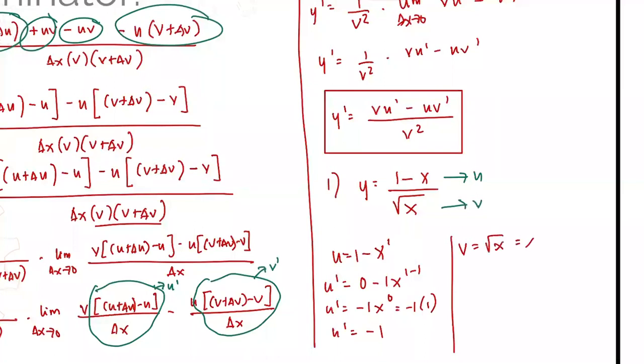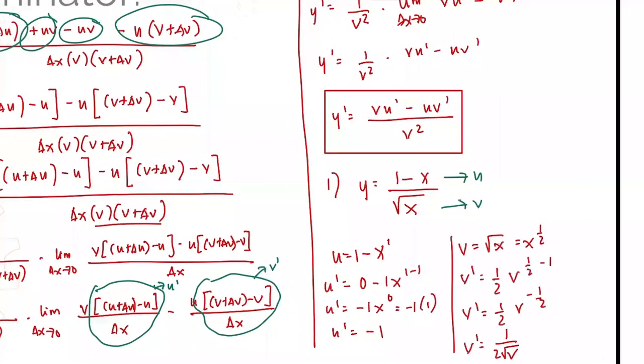Then yung v natin is square root of x. Pwede siya maging x raised to 1 half. So v prime natin will be 1 half x raised to 1 half minus 1. So we have v prime is equals to 1 half x raised to negative 1 half, or v prime is equals to 1 over 2 square root of x. Okay?